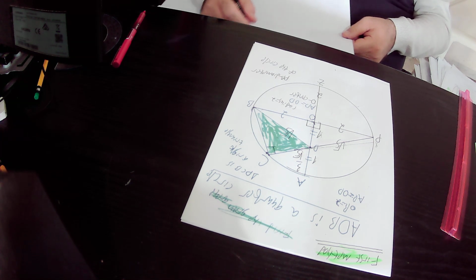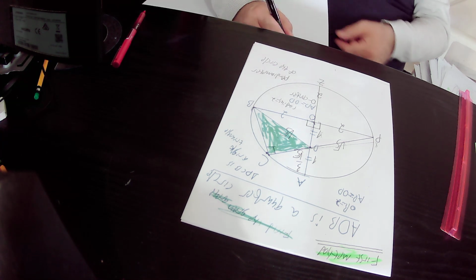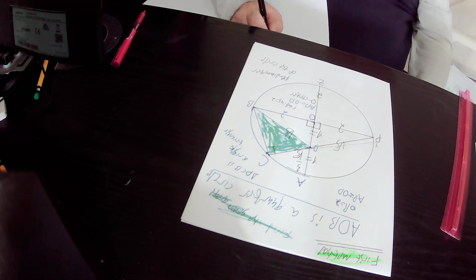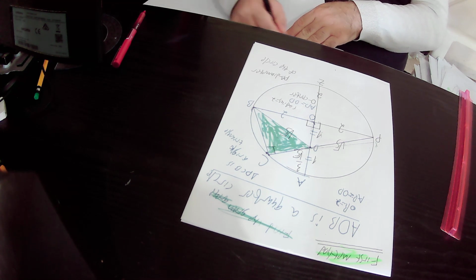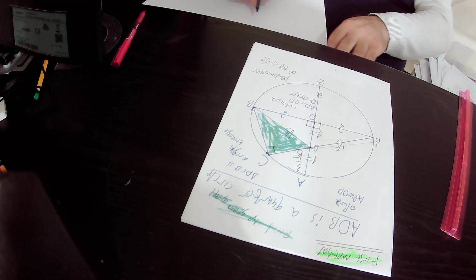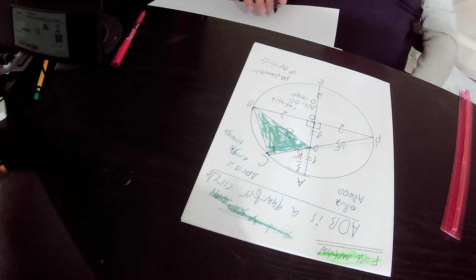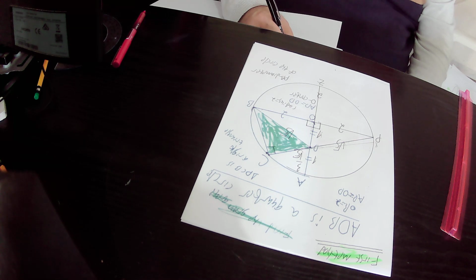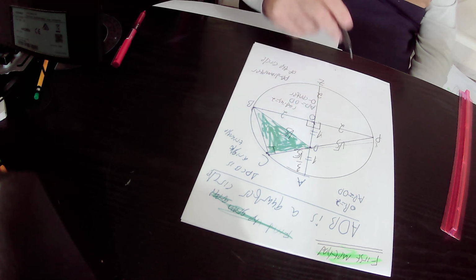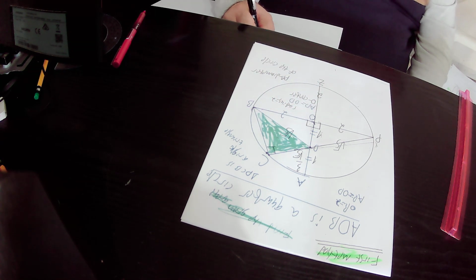So in the right blue triangle CDB, by the Pythagoras theorem, the square of the hypotenuse equals the sum of the squares of the perpendiculars, that is, DB square, the square of the hypotenuse, equals CD square plus CB square.